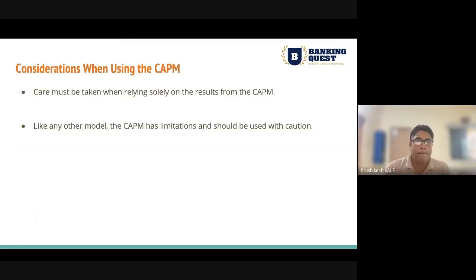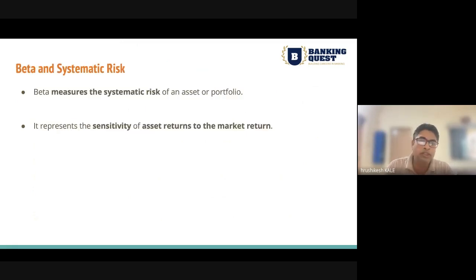Okay. You must not solely rely on the result of CAPM. You must use other models like the Gordon growth model to calculate the cost of equity or to calculate the expected return. And like any other model, CAPM has limitations and should be used with caution.